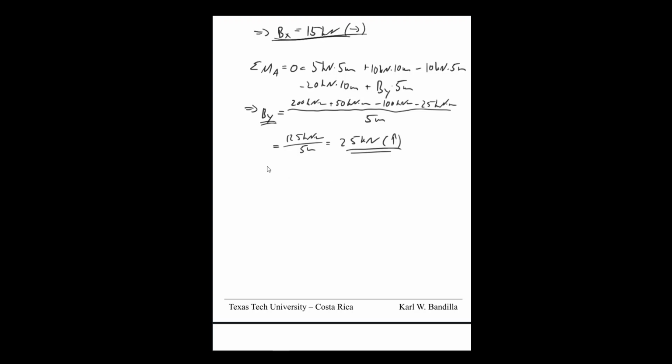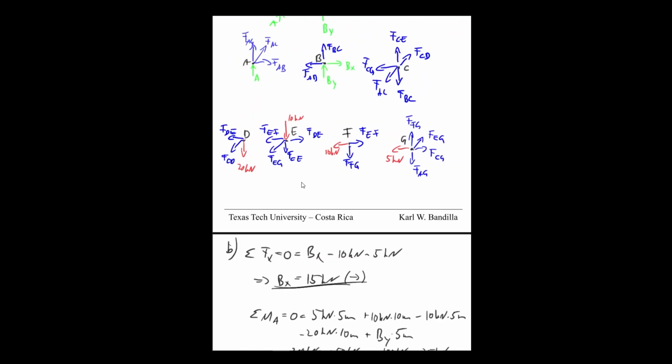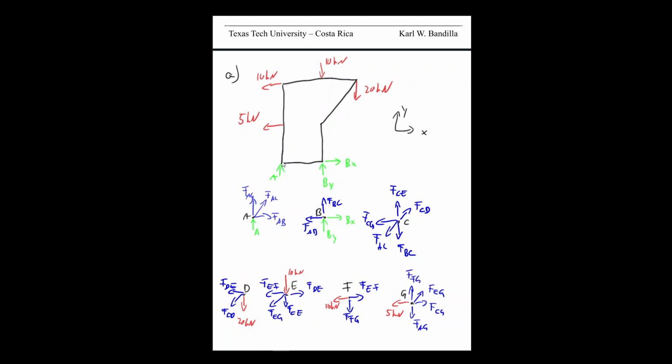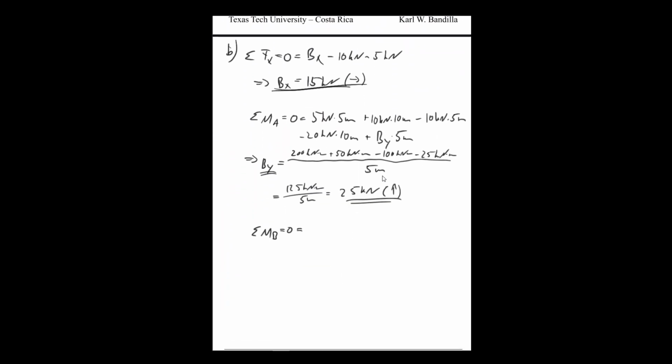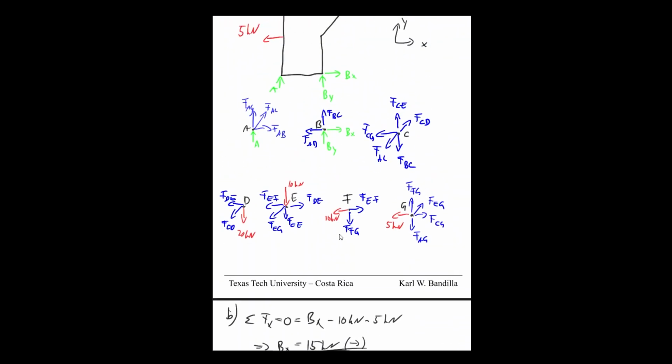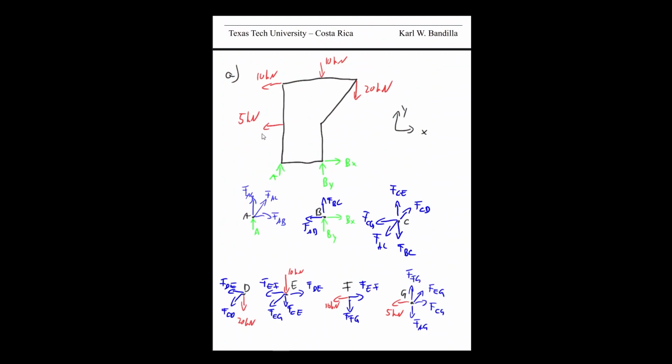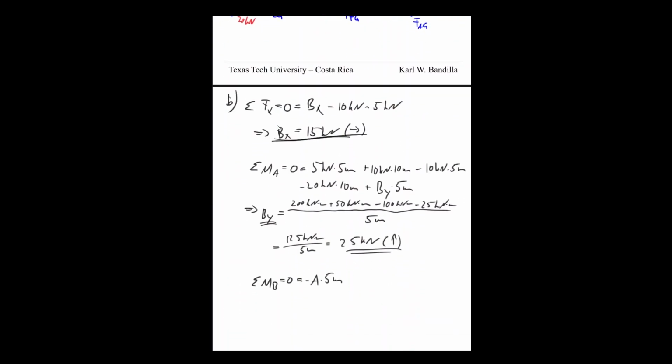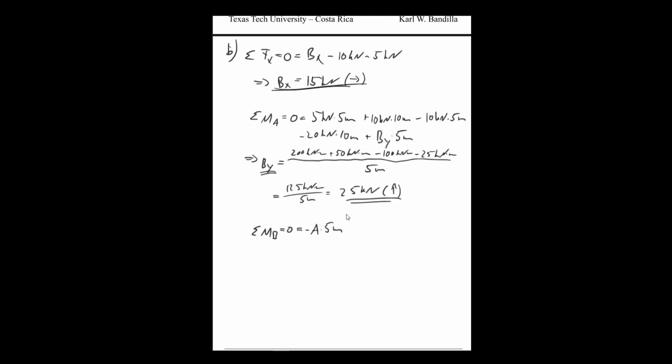So that means now all that's left is A, so we can do a moment around B is equal to 0, and what do we get? So now we're at B, so we start with A. A is going clockwise, so minus A times 5 meters. The other one is counterclockwise and 5 meters, and the other one is counterclockwise and 10 meters.